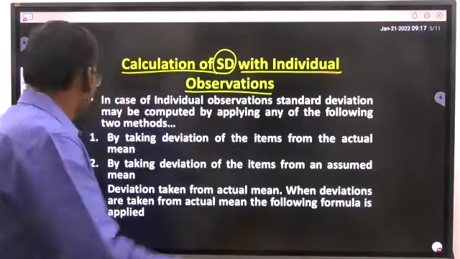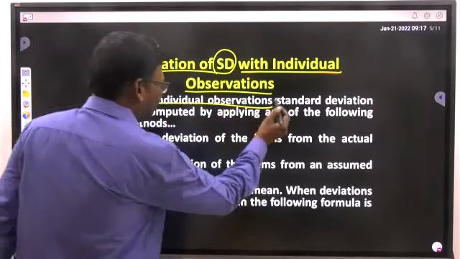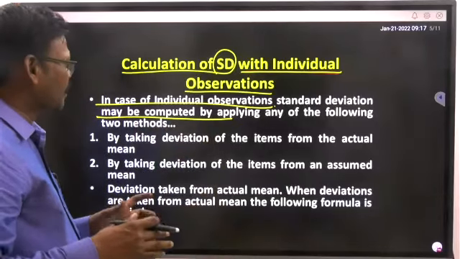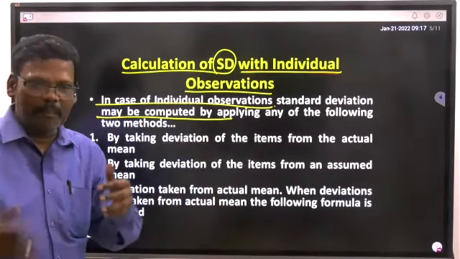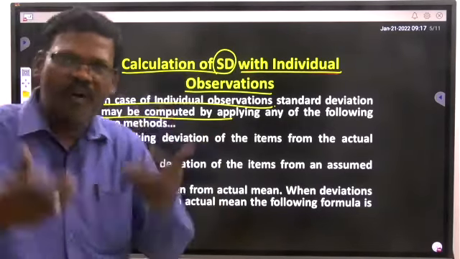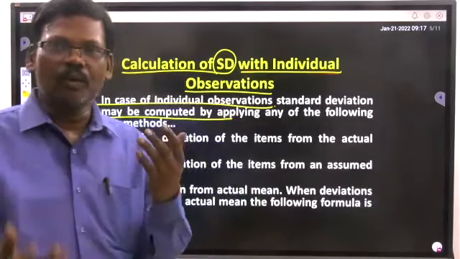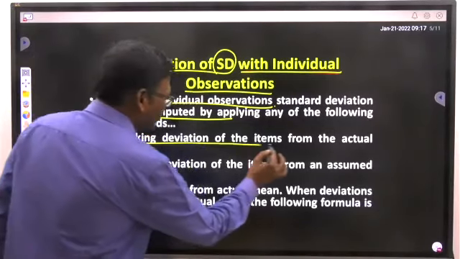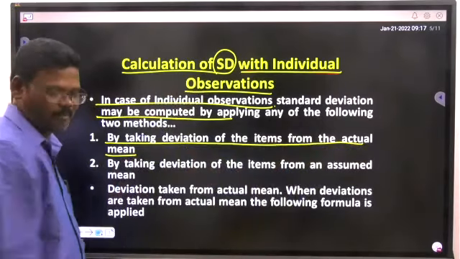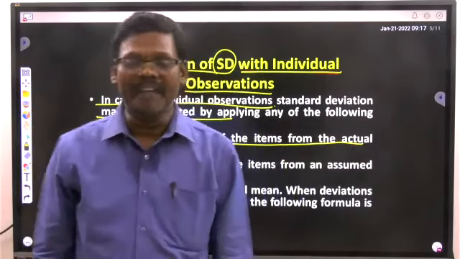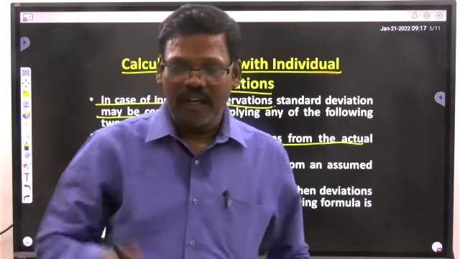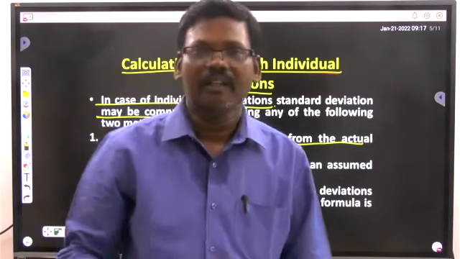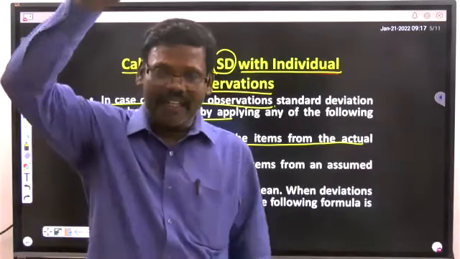So in the case of individual observations, the standard deviation may be computed by applying any of the following methods. One is by taking the deviation of the items from the actual mean, the actual average, that is, central tendency.